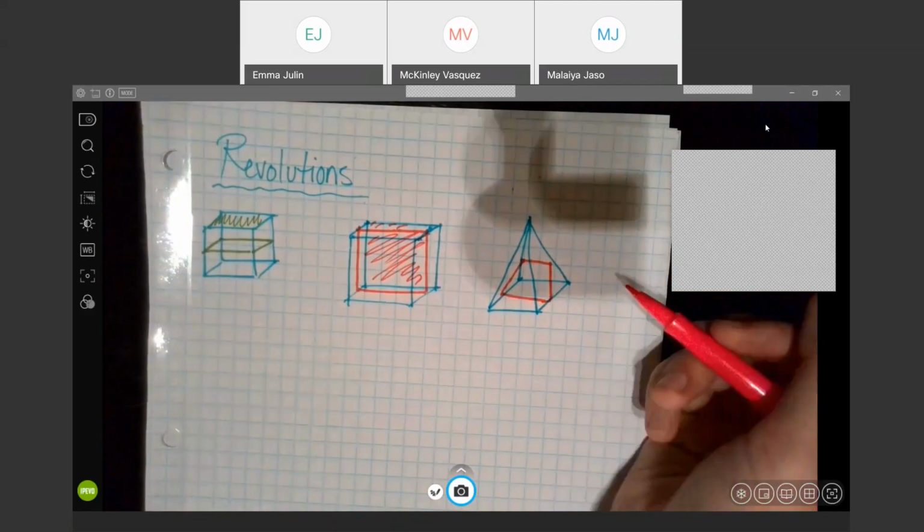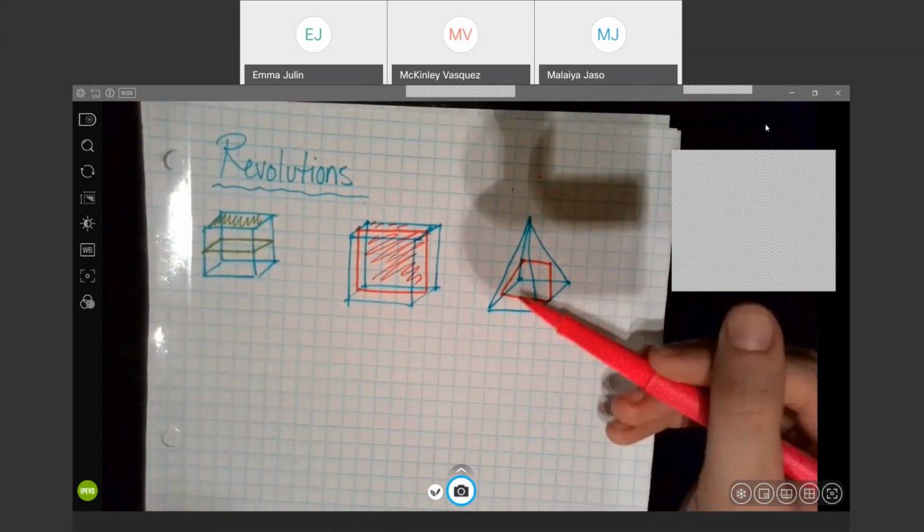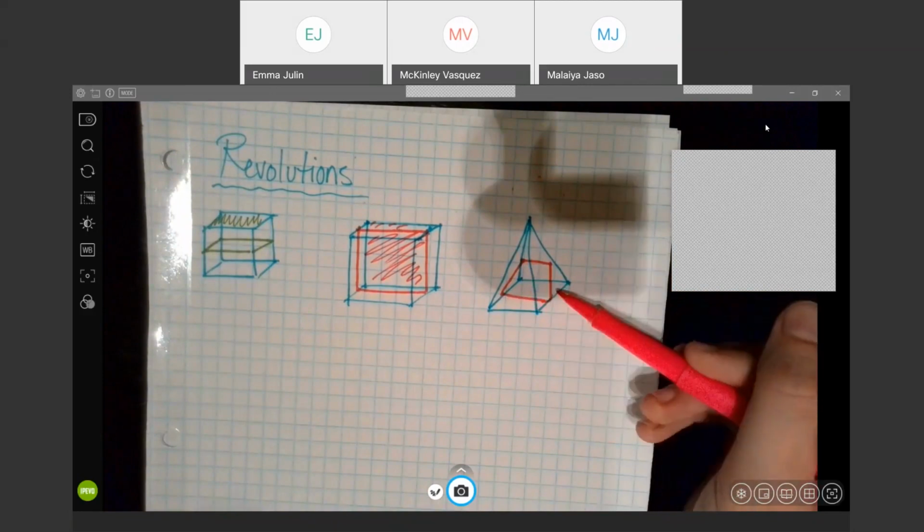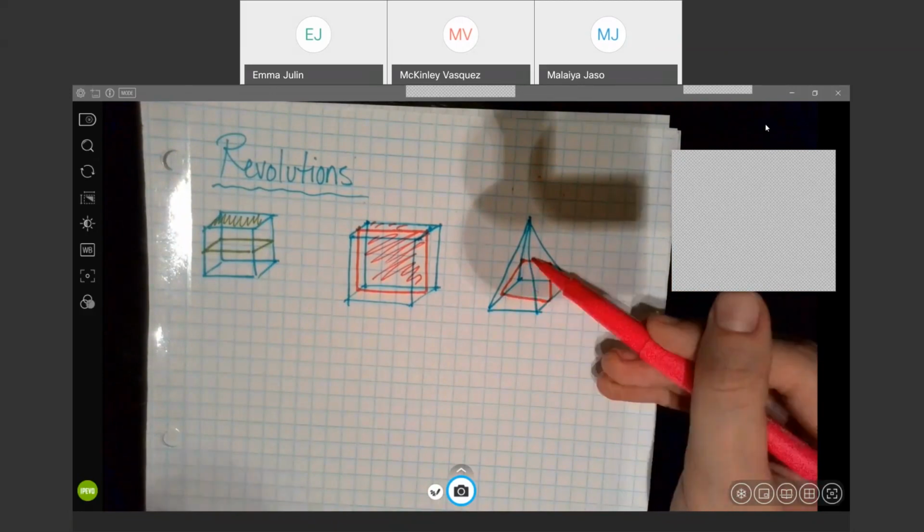And the reason why, you're transitioning from a square cut moving into that triangle cut.